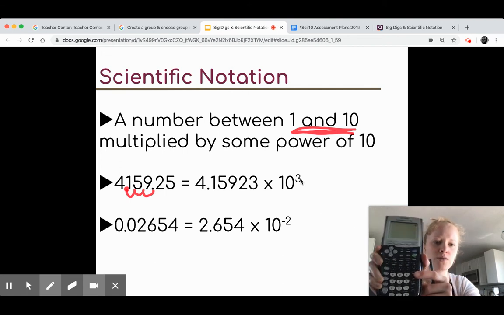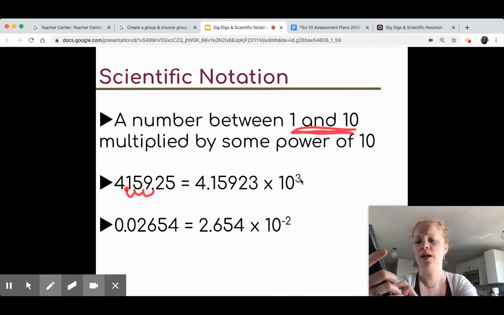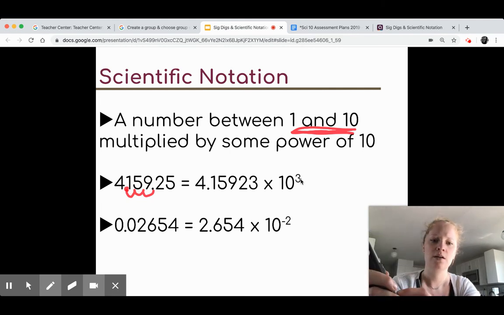So if I wanted to confirm that I did it right, I'd say, well, my answer that I want to make sure is that number, 4.15923. I'm going to type that number in, times, and then I'm going to go second log. So then I see 10 to the power of 3.